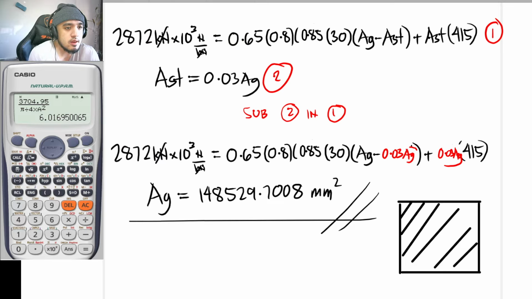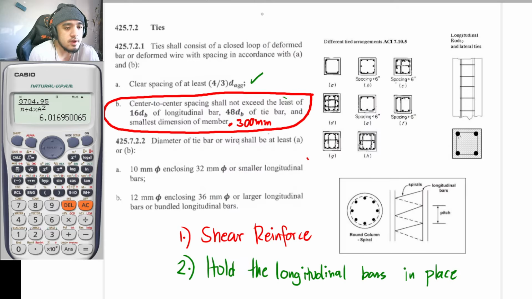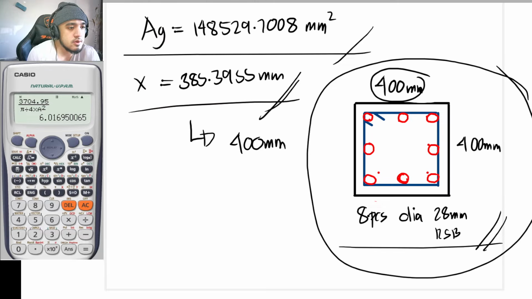So if we go to this provision on your right, it is said here that if it is greater than 6 inches or 150 mm, we will now be providing cross ties here. Okay.